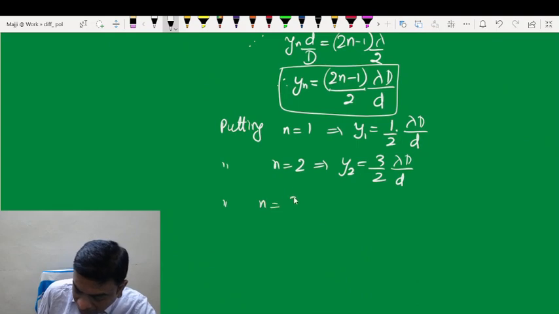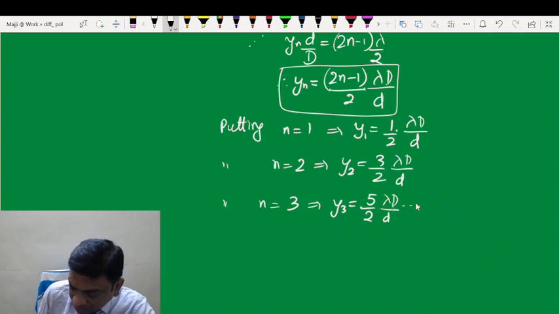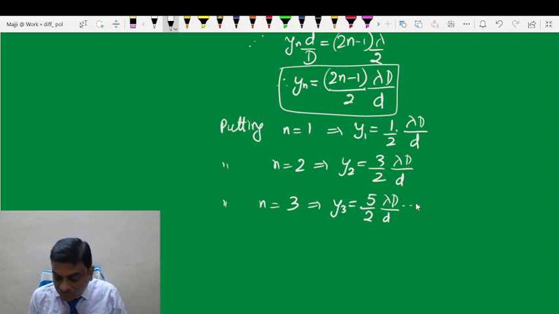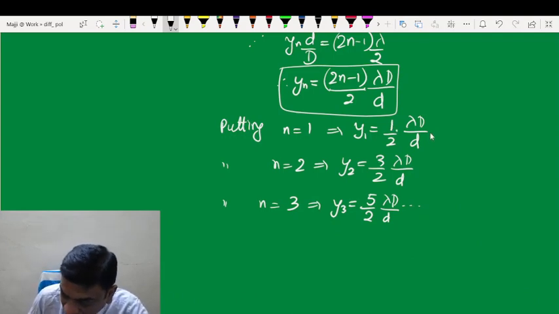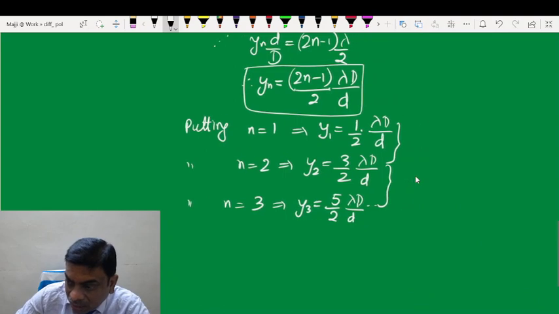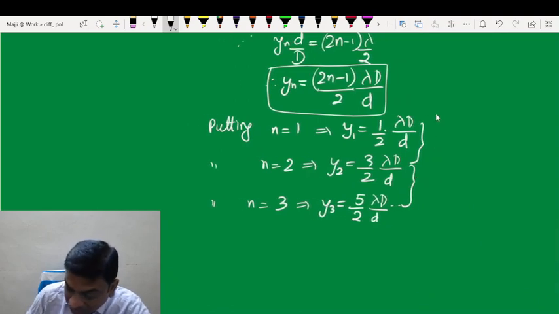Similarly, putting n equal to 3, we can write y3 as 5 by 2 lambda capital D by small d, and so on. Here you can see there should be an odd number. So these mark the positions corresponding to dark fringes.